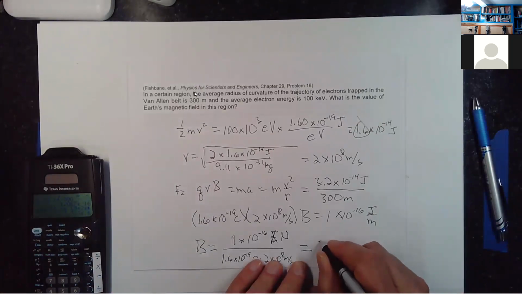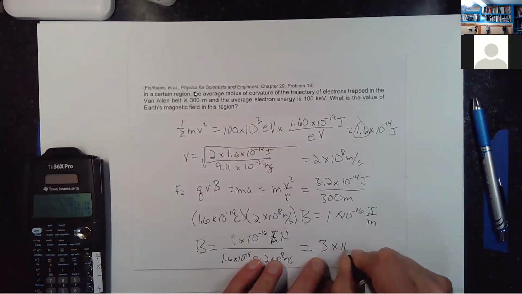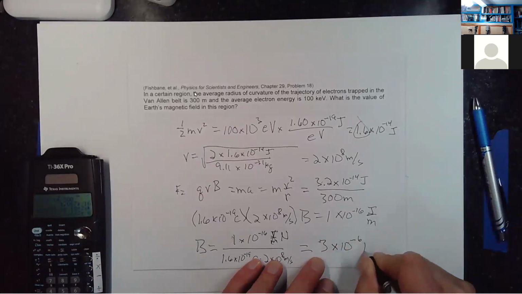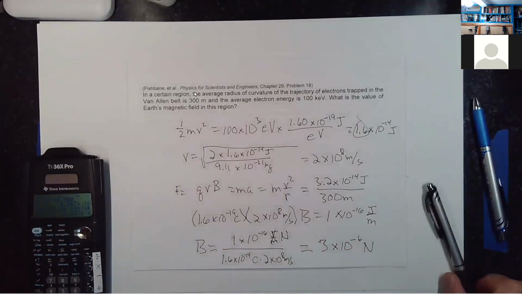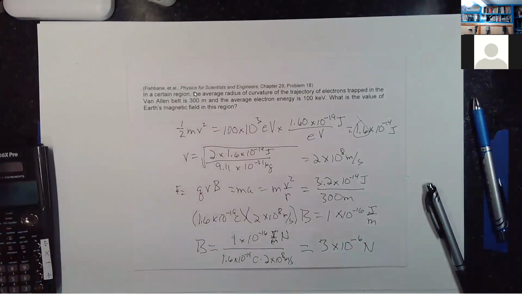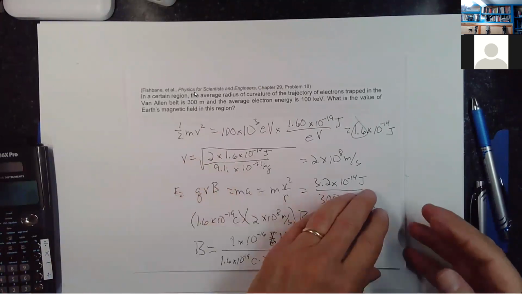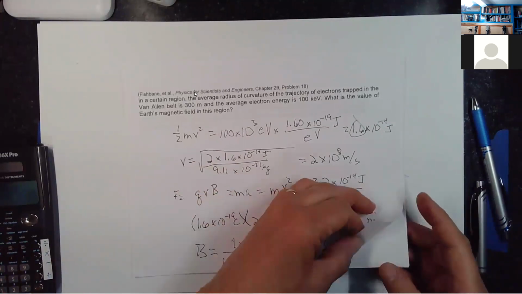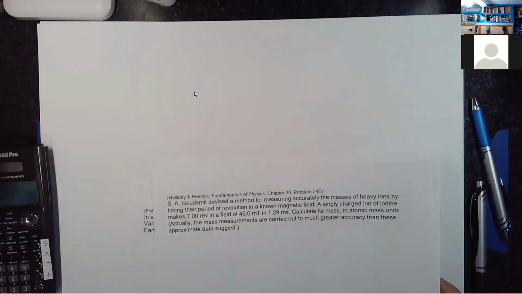And I get about 3 times 10 to the minus 6th Tesla. So the magnetic field gets weaker as you get farther away from the Earth. And so there, that's about what it is up there. So all sorts of different examples that you can do for things.